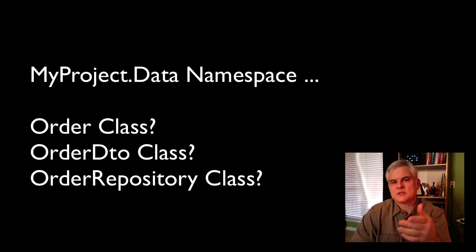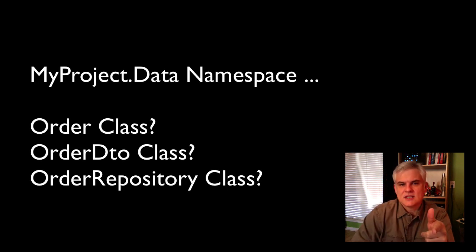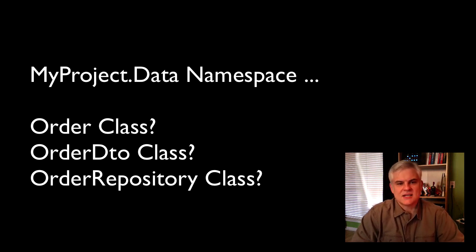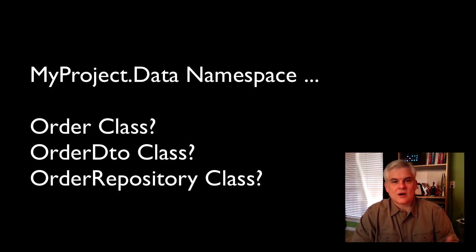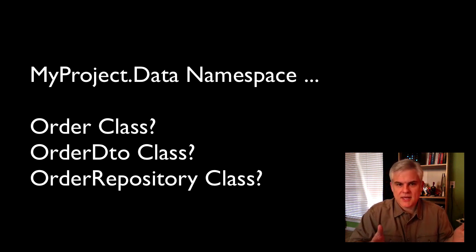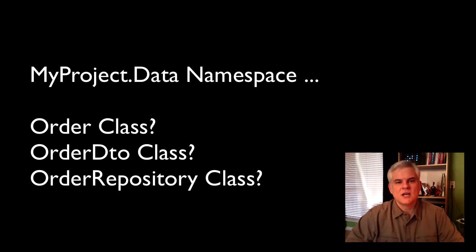So for example, you might have a namespace like myproject.data. Which classes would you expect to see in this namespace? Order, order DTO, or order repository? Well, personally, I would expect to only see order repository in a myproject.data project, because order by itself, I would expect to have something to do with the domain. Order DTO, I would expect to have something to do with data transfer objects, and I would expect that to be in its own layer.